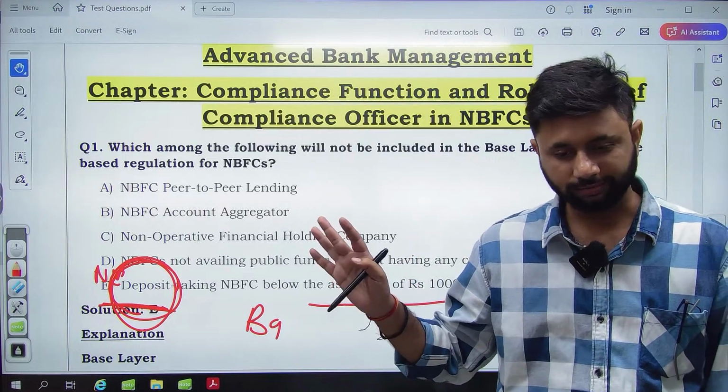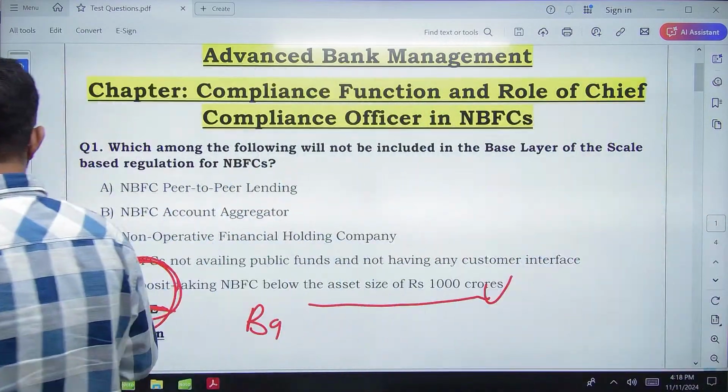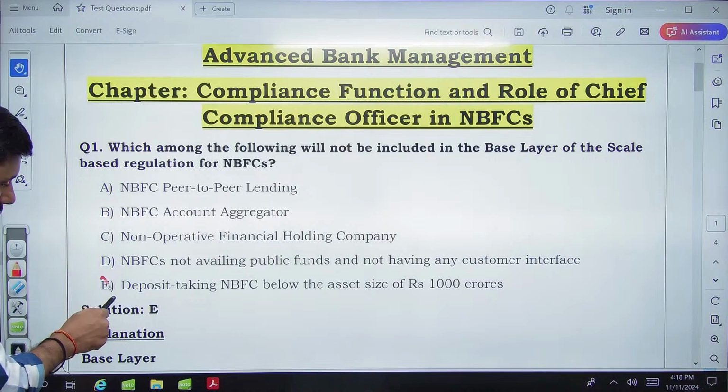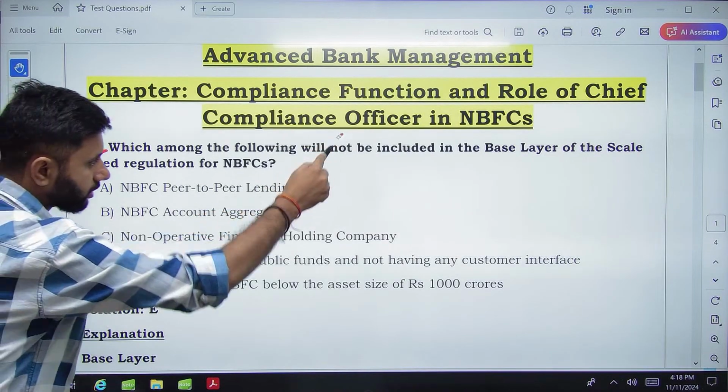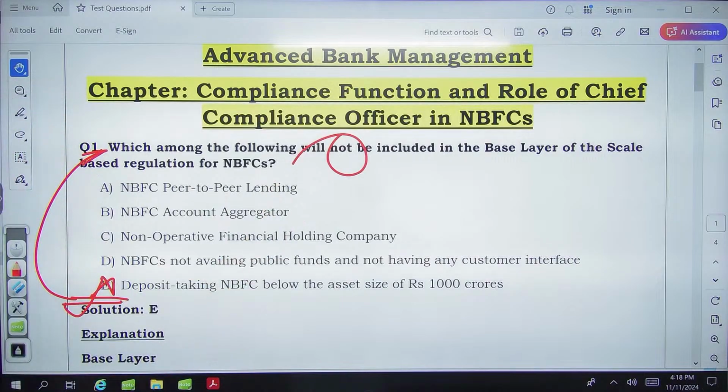You understand this? Okay, so that's why this option becomes incorrect, and that's why it becomes the correct answer, because the question asks you which of the following will not be included.